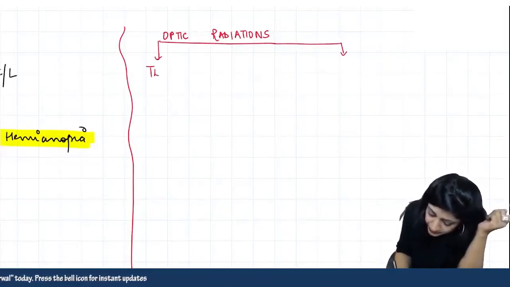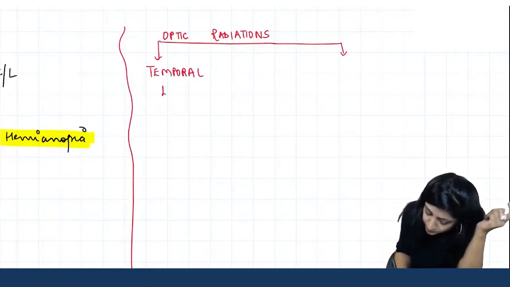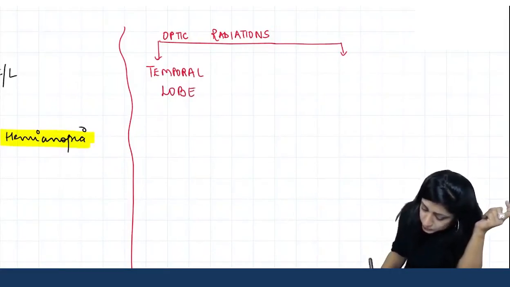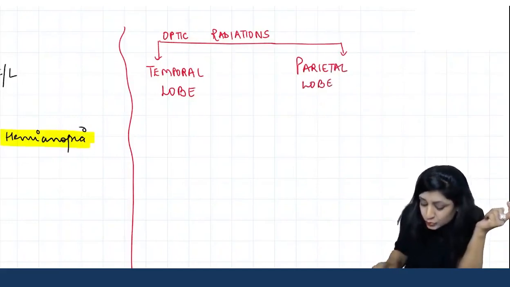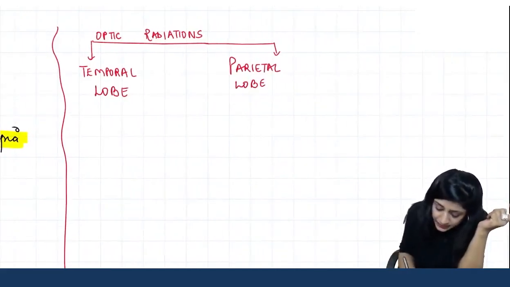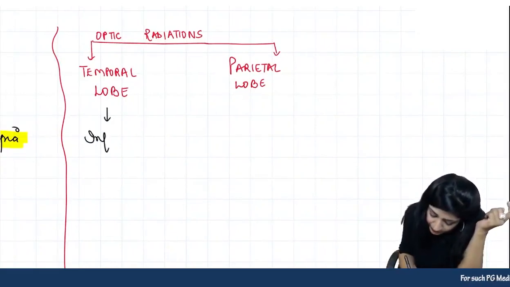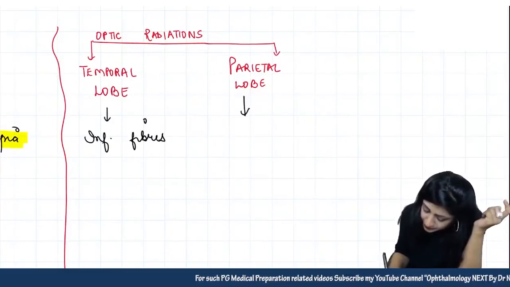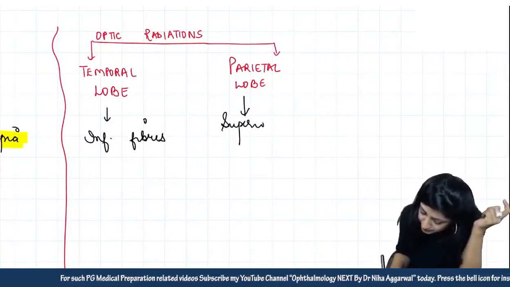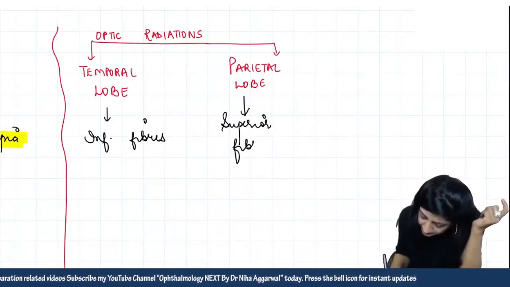We have got the temporal lobe and also the parietal lobe. Okay? Now through the temporal lobe, what fibers are passing? It is the inferior fibers which are passing. Through the parietal lobe, which fibers are passing? Superior fibers are passing. Okay na?